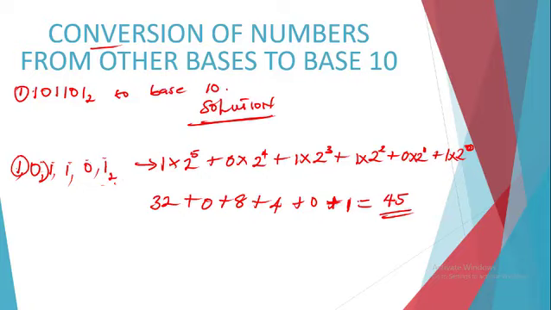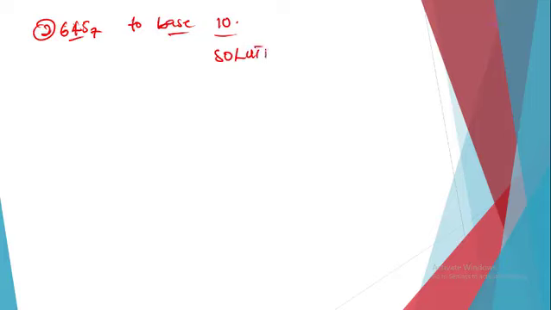One more example. We are asked to convert the number 645 base 7 to a number in base 10. We still apply the same procedure we used in the first question.